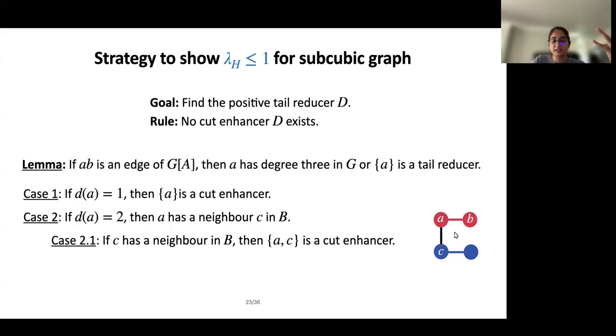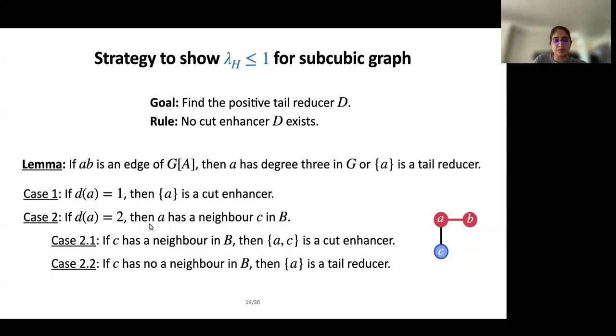So it's giving us a larger cut set, which is again a contradiction and breaks our rule. The last case is when C has no neighbor in B. That is, all the neighbors of C lie in the red vertices. In that case, moving A to the blue set gives us a tail reducer. It achieves the goal that A itself is the positive tail reducer.